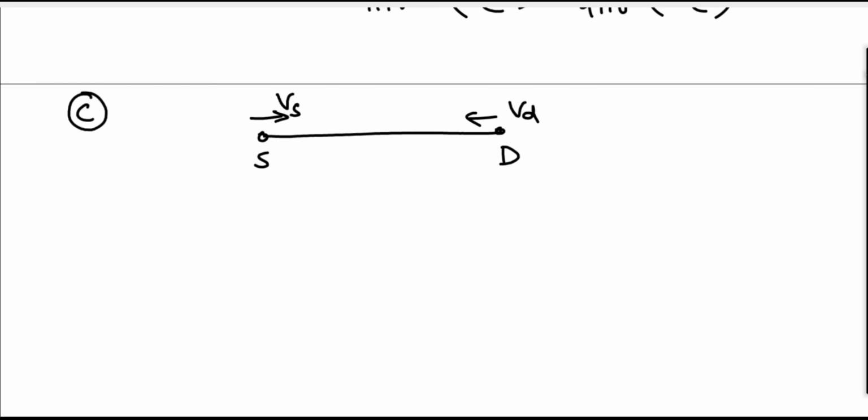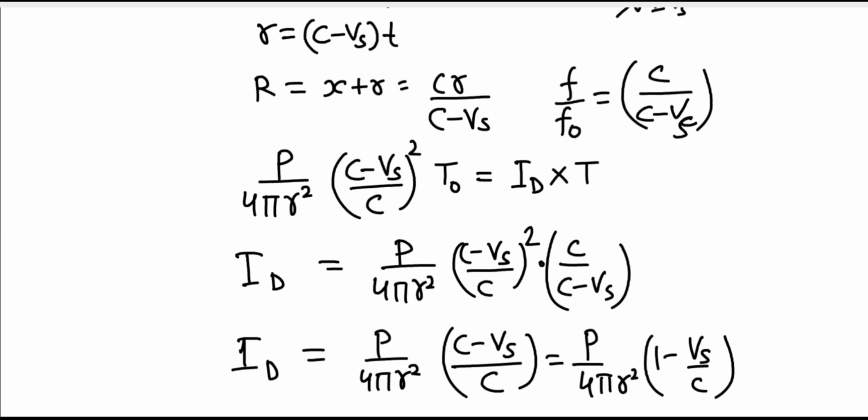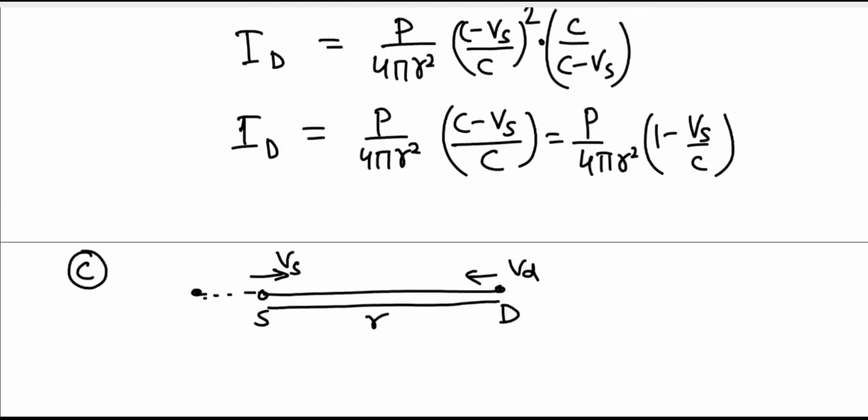So this detector is moving, and at this instant when the distance between them is r, again we can use the same concept that the sound will be released somewhere from this position when it reaches this position, right? And for that the radius of this whole distance will be equal to again cr by (c minus vs).